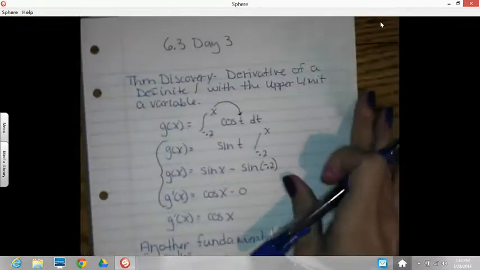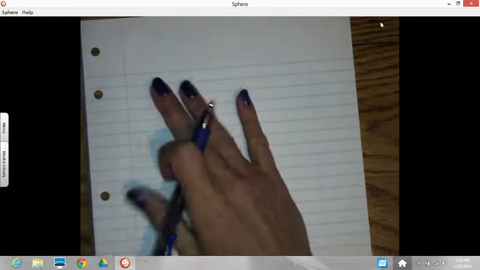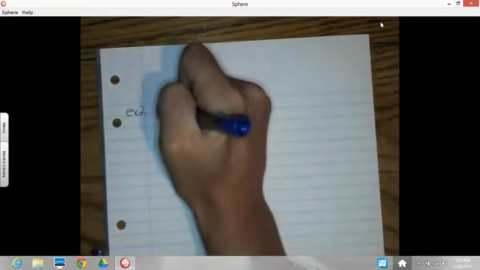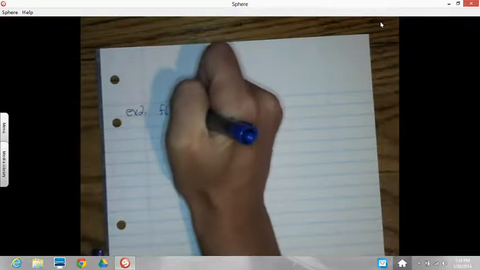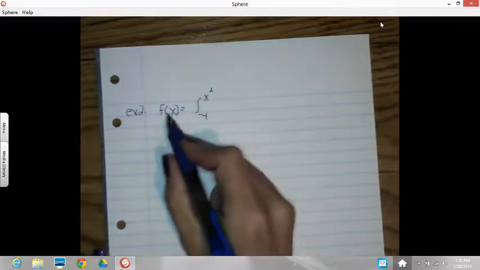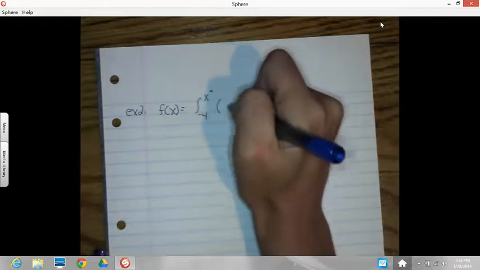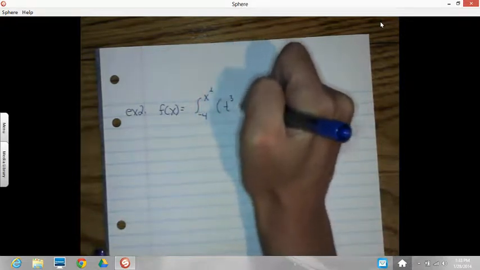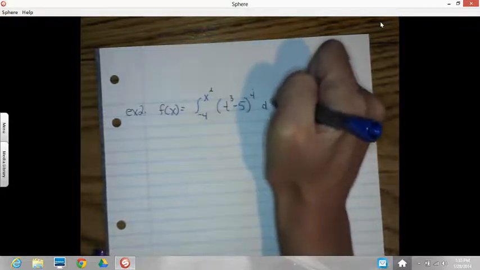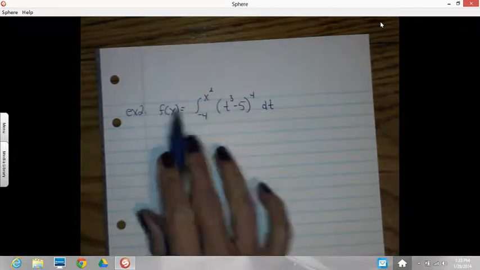Couple more. Same directions, find the derivative. If f of x equals the integral from -4 to x squared, so we've got our constant and our letters match here, of the quantity t cubed minus 5 to the 4th power dt. Okay, I'm looking for the derivative, not the antiderivative.